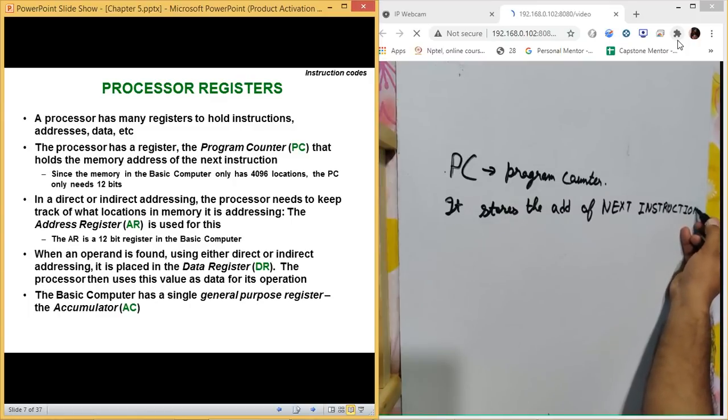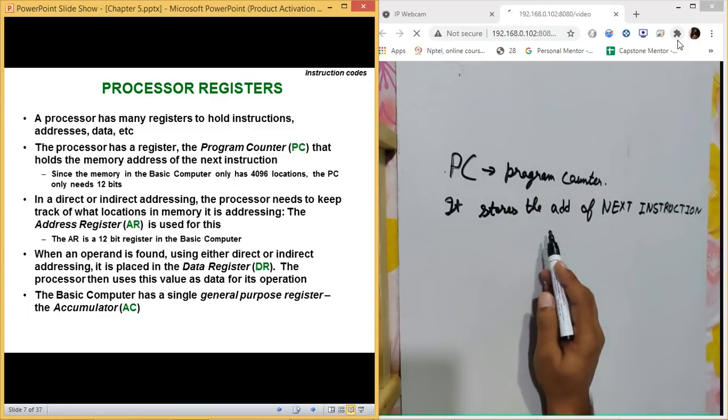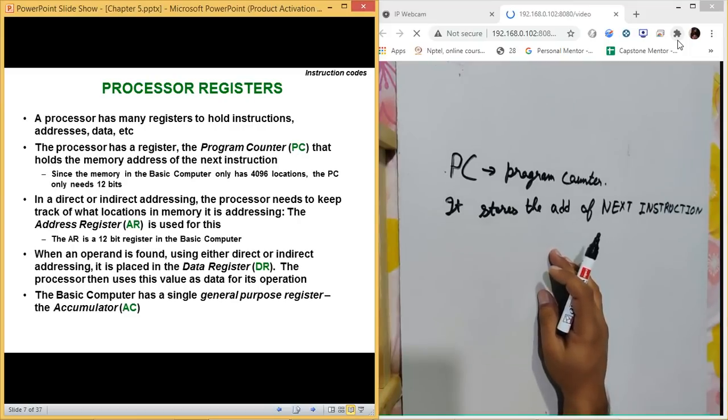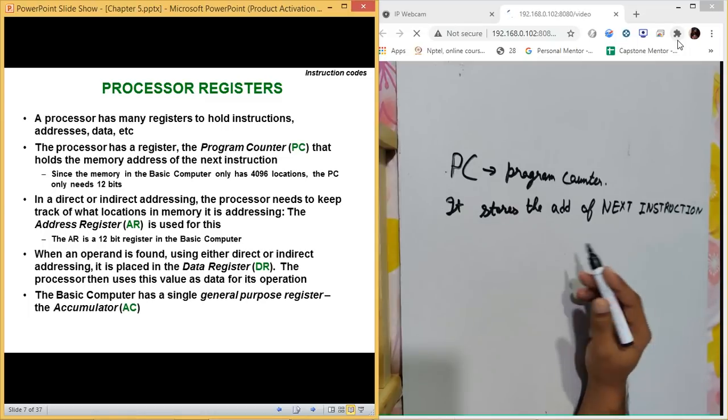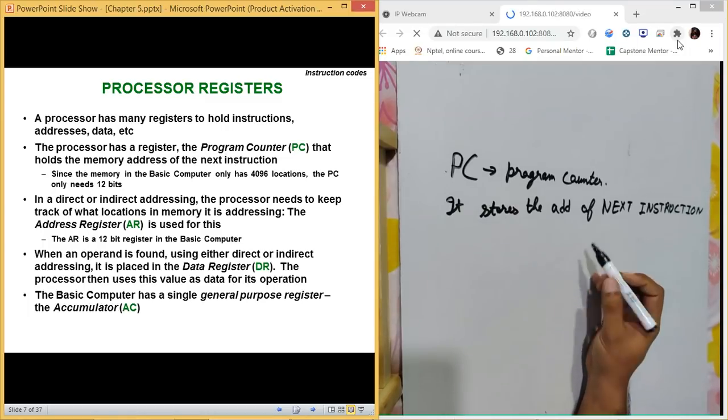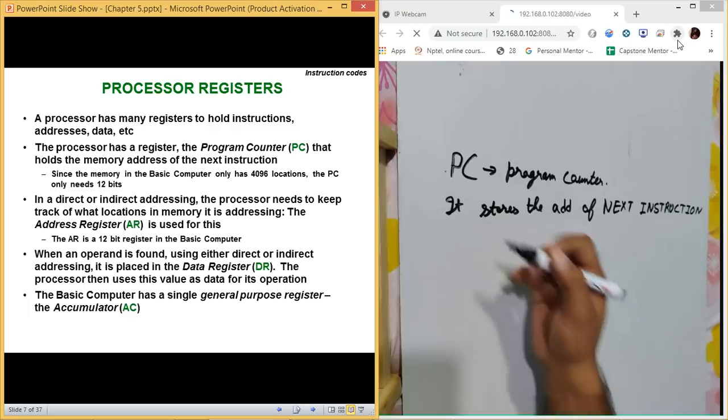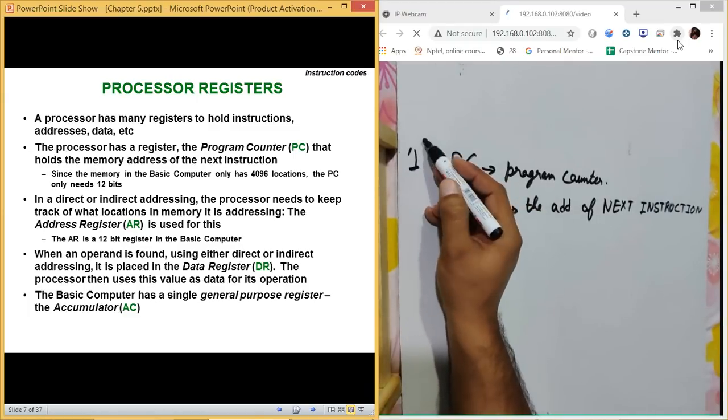This is very important. It doesn't store the address of the current instruction. It stores the address of the next instruction where I need to move. So that is what it stores. So this is the task of program counter.